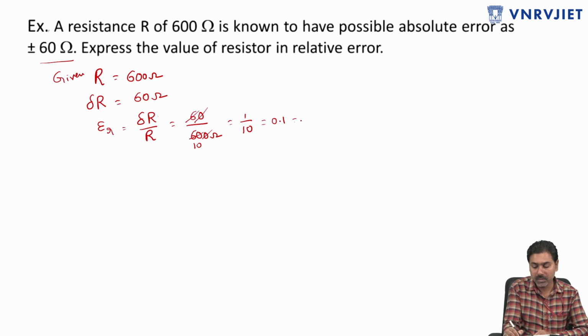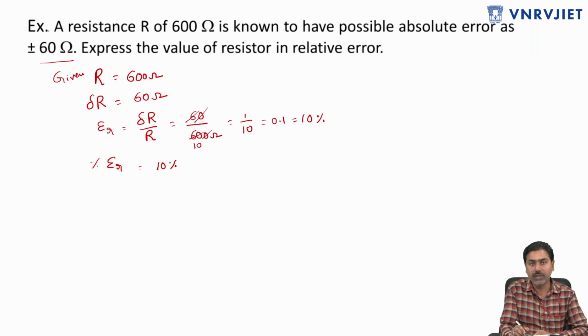In percent, it is 10. So the relative error in percent is equal to 10%. This is the way we have to calculate the relative error when the absolute error is given.